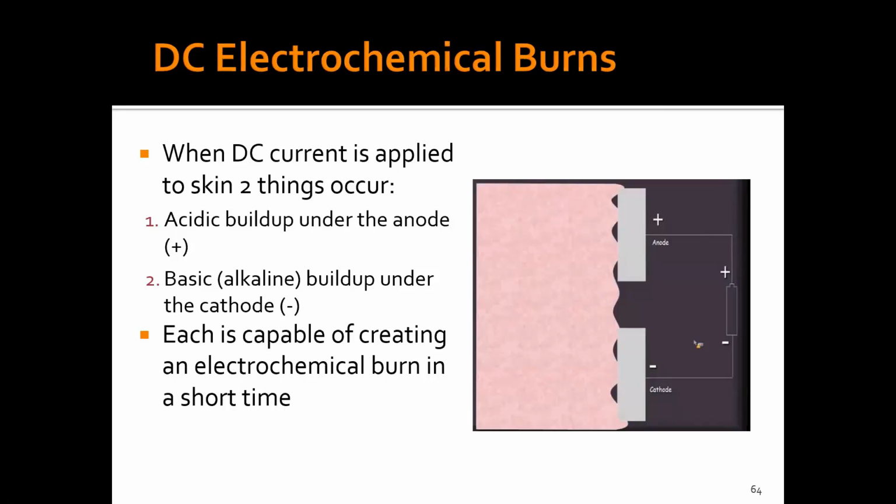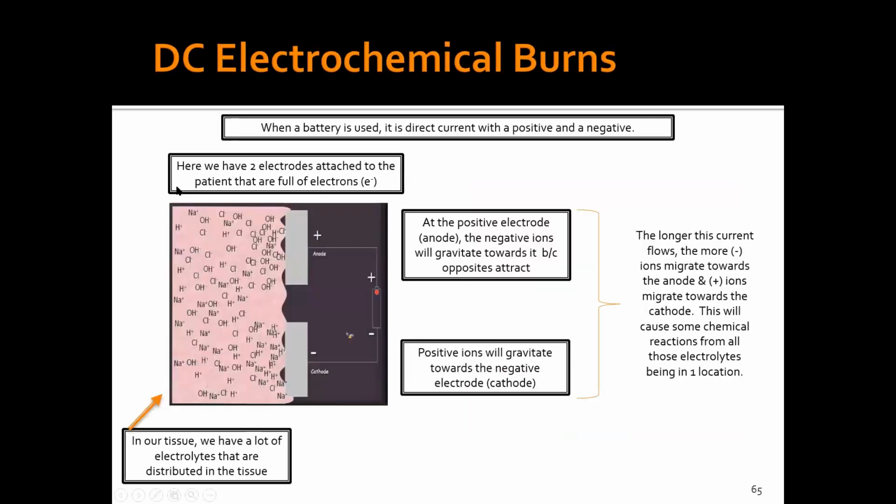And so what happens when you have a DC current style piece of equipment placed on the patient, you have the positive and you have the negative end, and each is capable of causing burns in a relatively short amount of time, because ultimately our skin and our tissue is filled with positively and negatively charged electrolytes.